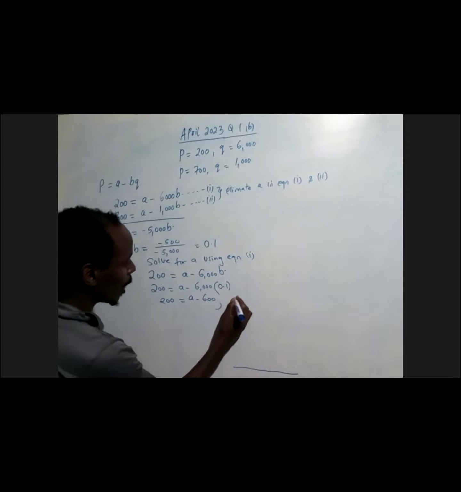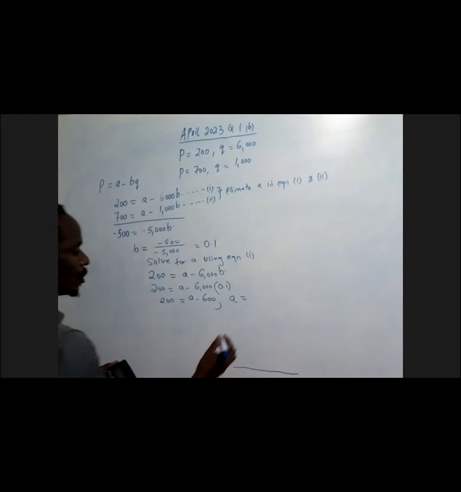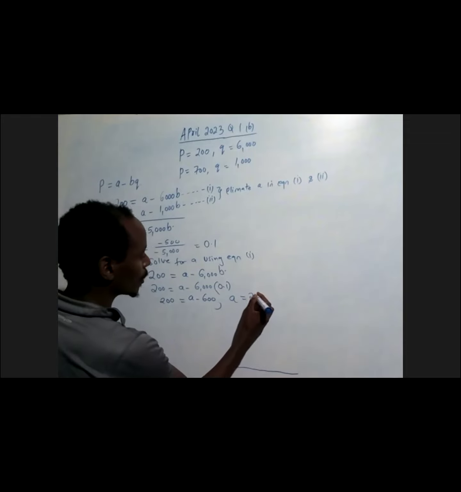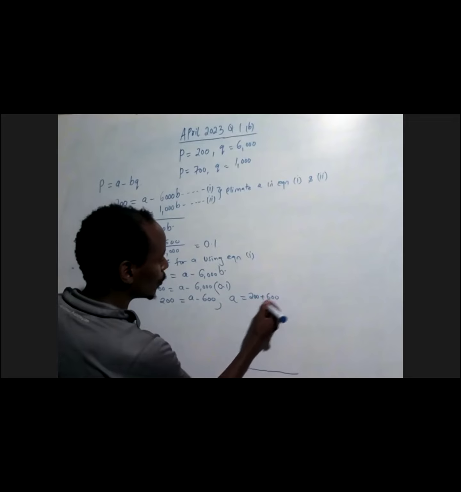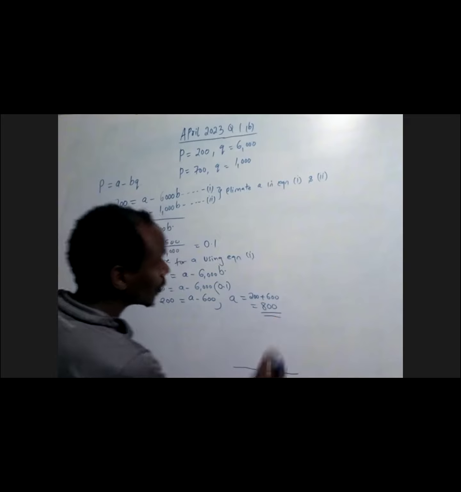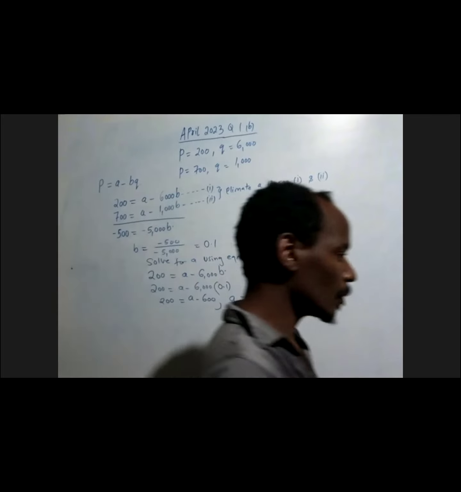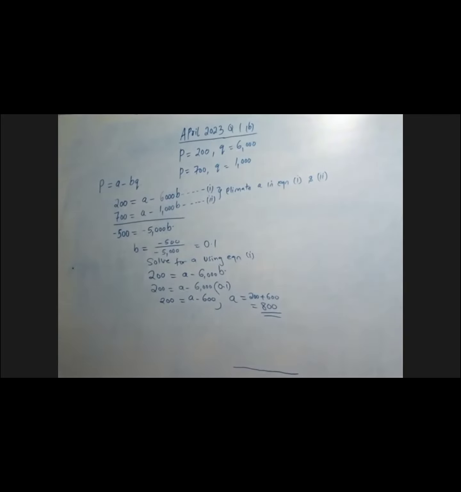Now we can conclude that our A equals 600 plus 200, which equals 800. So our A automatically is 800. Is that fine?